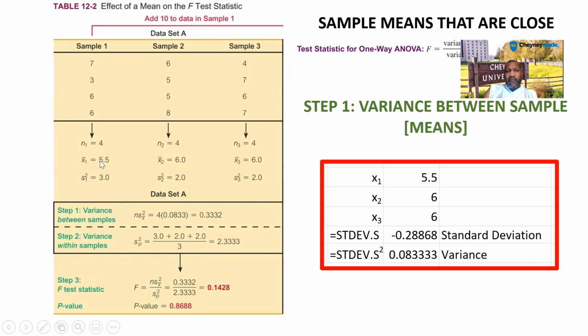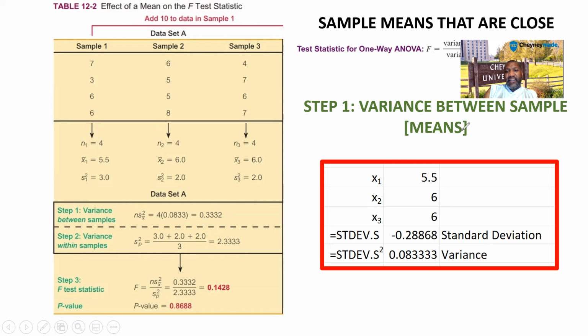We're going to take the 5.5, the 6.0, the 6.0, and we're going to calculate the variance of them. And what I ended up doing, I took 2 steps. I probably should have just got rid of the standard deviation. But I calculated the variance of these scores. And that gave us the 0.08333.